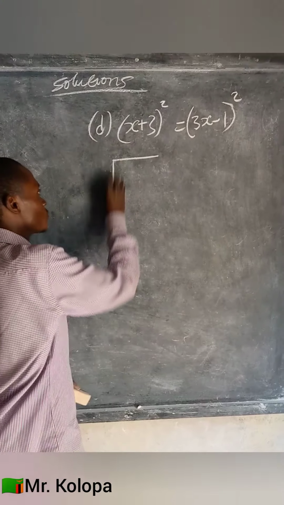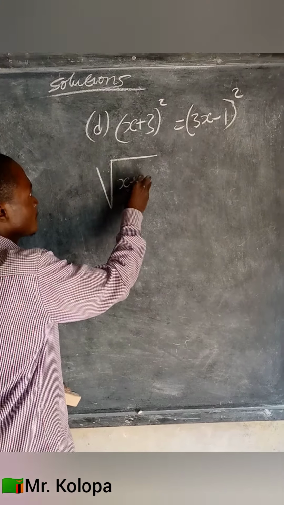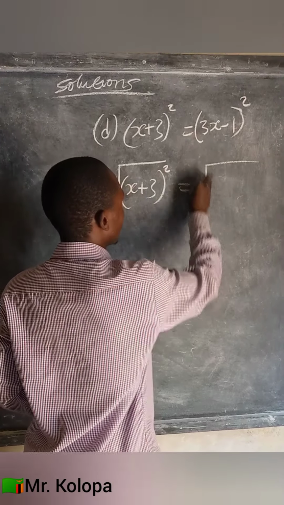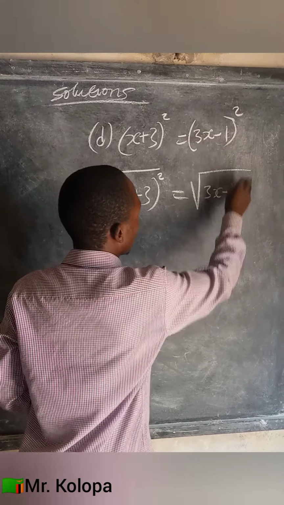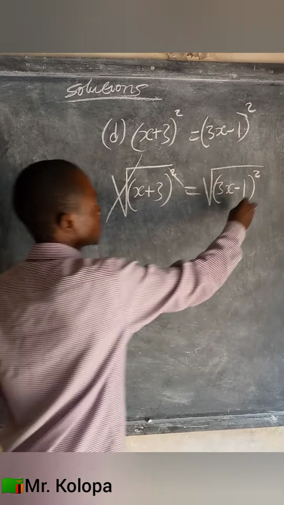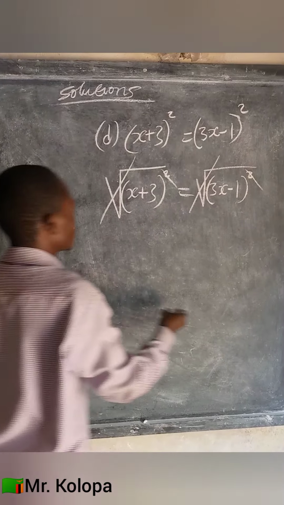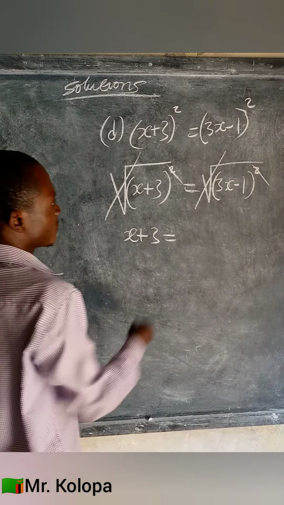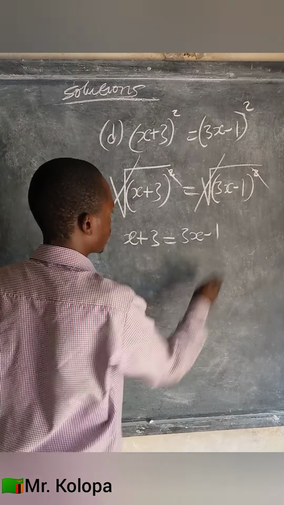So we are going to have the square roots. So this and this will cancel themselves. We remain with x plus 3 equals 3x minus 1.